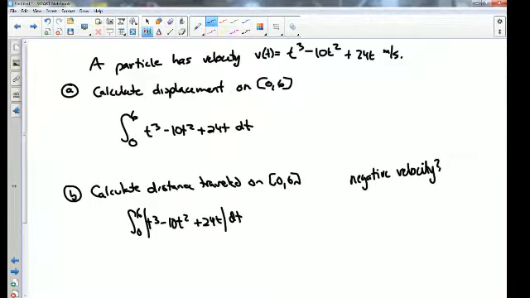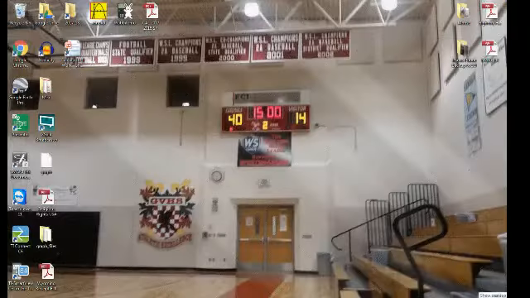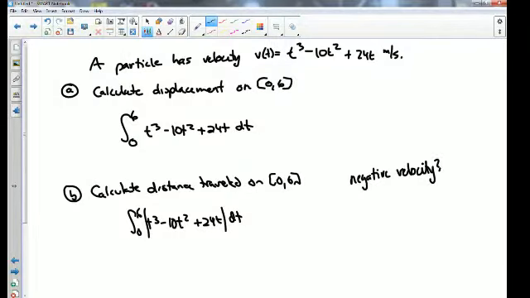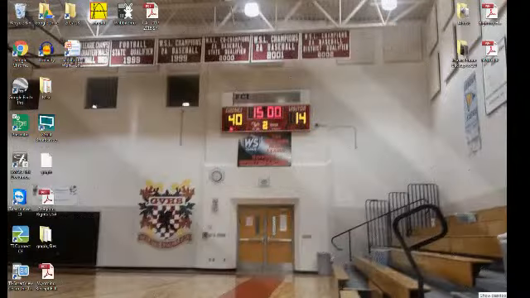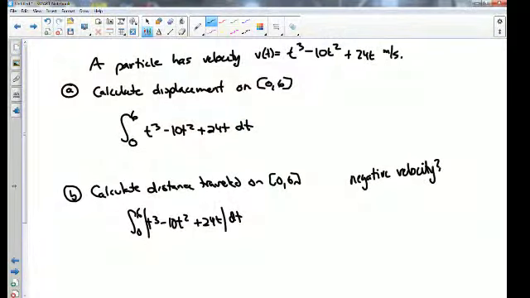Yeah, if there's no negative velocity, you just do the math. It doesn't state that there's one. Displacement equals distance traveled in that case. But if there are negatives in this one, we just need to figure out where those are. If there are no negatives, you have a starting point and an ending point. But if you have negatives, they come back that direction.